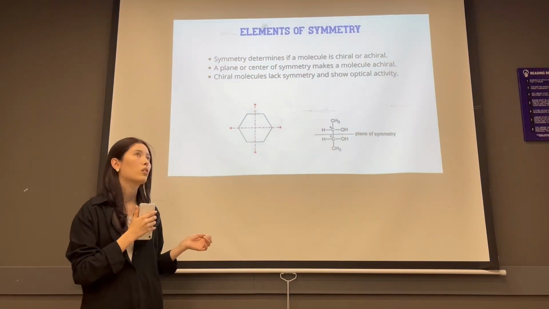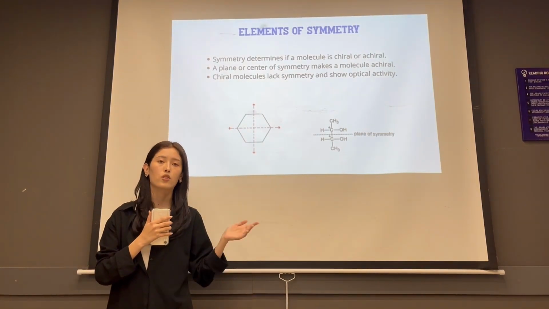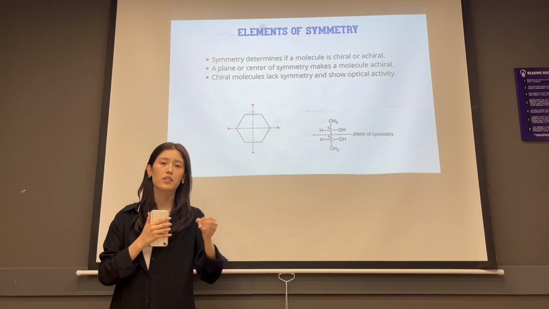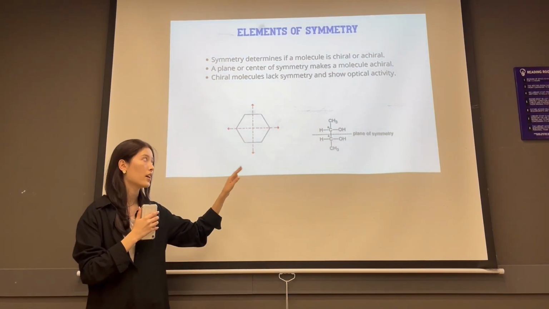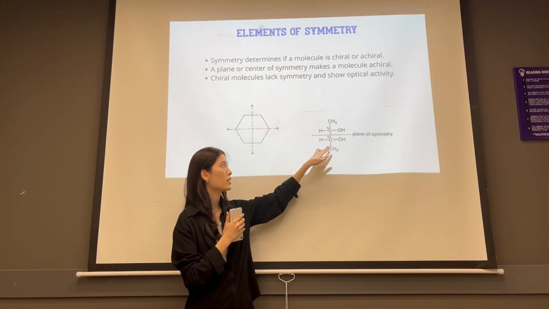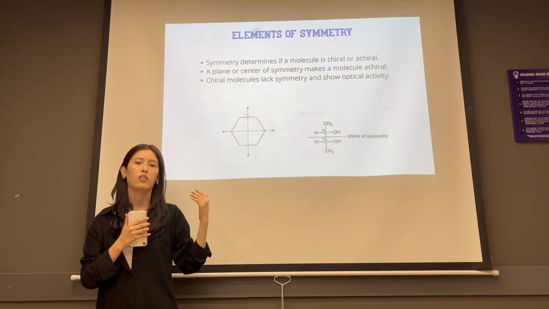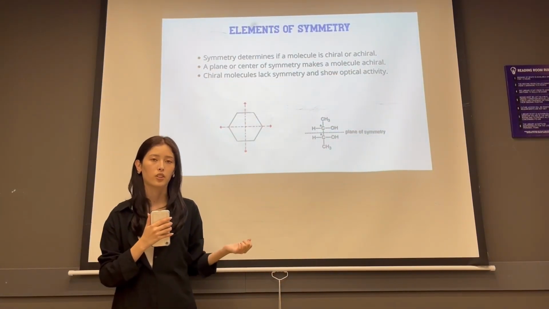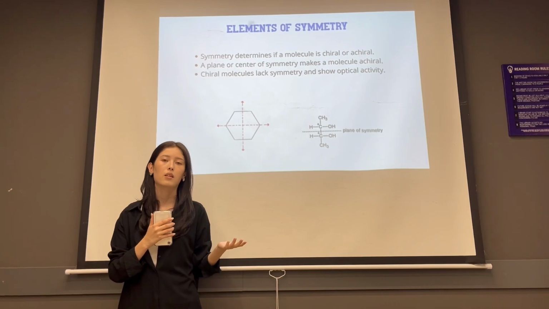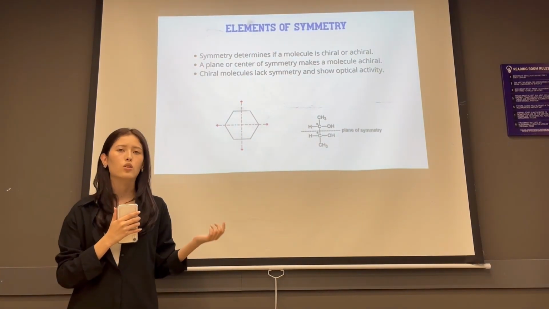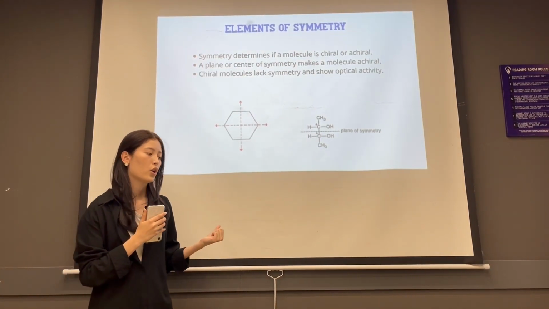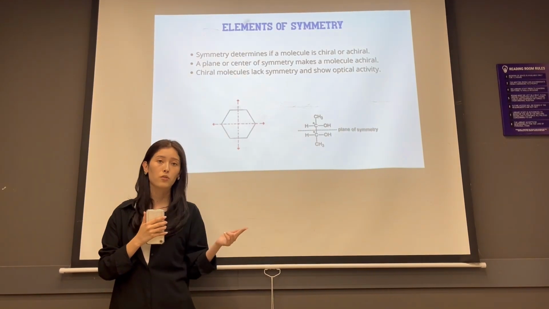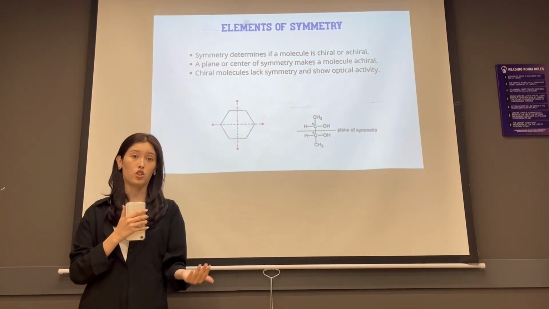The next is center of symmetry. With a center of symmetry, each group of atoms in the molecule has its counterpart opposite, and by that we can say it's achiral. And the last one is the alternating axis of symmetry, where the rotation can be identified and how it can be unchanged.